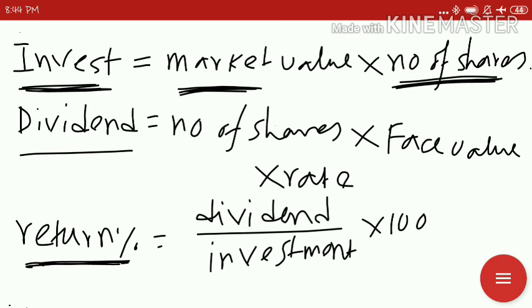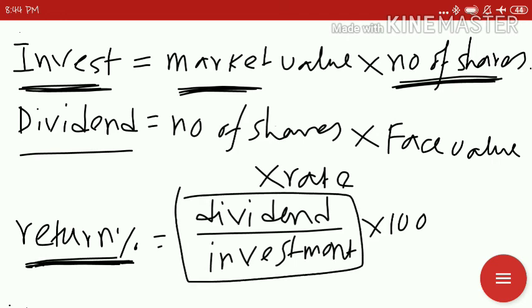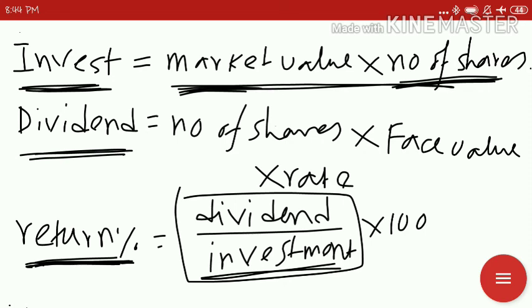In the question paper the return percentage is given, the face value is given, the number of shares is given, but you need to find the market value. As the return percentage is given, you can break it into dividend by investment: put in the dividend by finding it beforehand, and in the investment part write market value into number of shares directly, and then putting in the values respectively, you can find the market value.